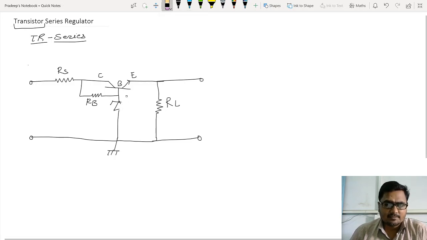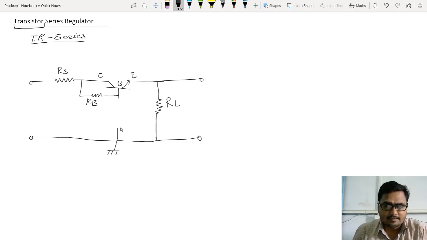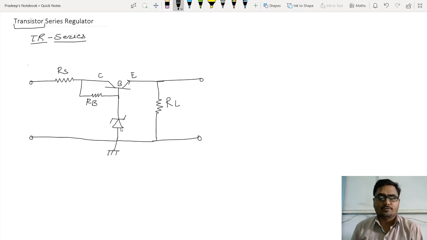Small eraser, let me rub this and draw the Zener diode at a different level. Let me connect the Zener diode here, because I want to write IB and IZ, so that's why I'm doing this.